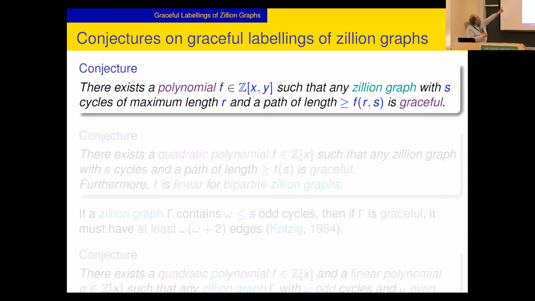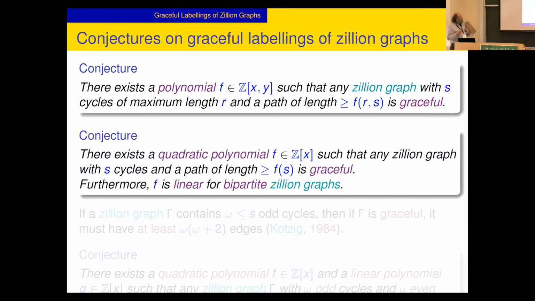Where r is your maximum, the number of cycles of maximum length. If your path is big enough, then you can gracefully label. And what we're saying is big enough here is polynomial. That's the conjecture.